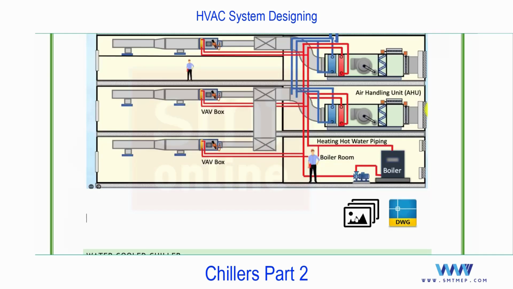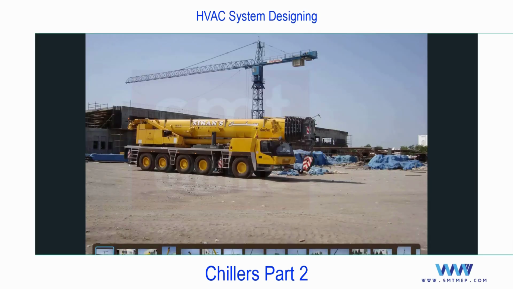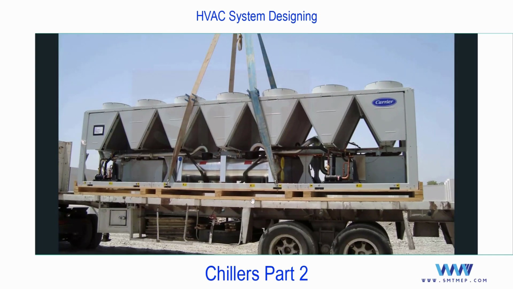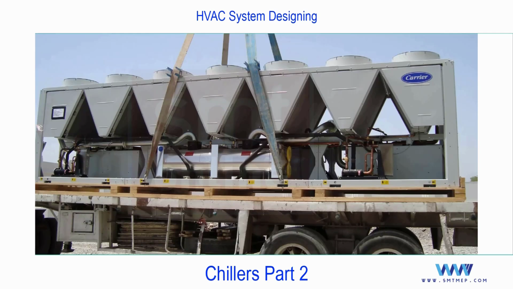You'll get the idea. This is an installation of a chiller with a crane. Belongs to an Oman project. They're doing the preparation and all. You see in this, the above one, these are all condenser. You see, this is air cooled condenser. You can find the fins inside.